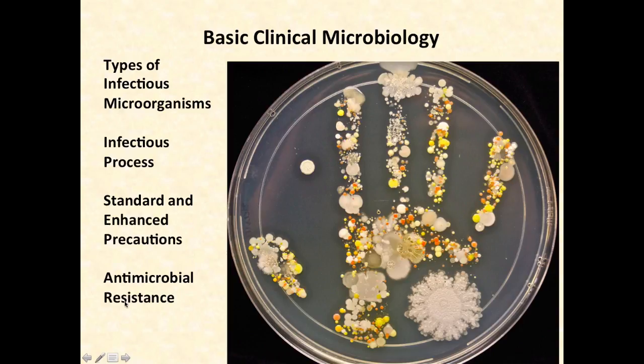So we're going to talk about these issues, and I just wanted to explain a little bit about what you're looking at in this picture here, which I really am fond of. What we're looking at is a petri dish, which is a plastic dish used in microbiology.